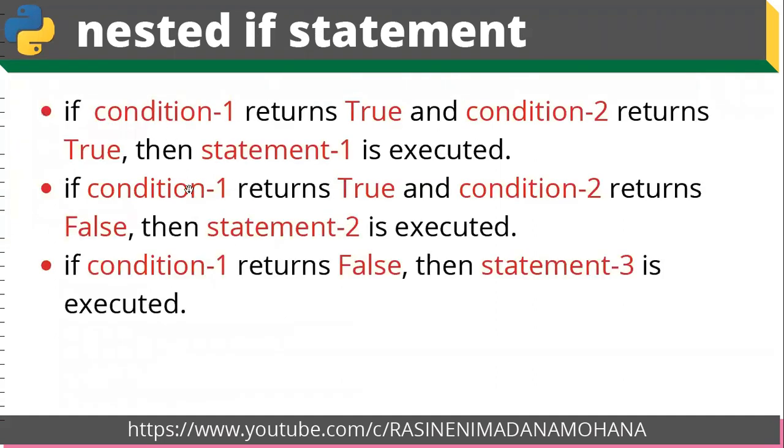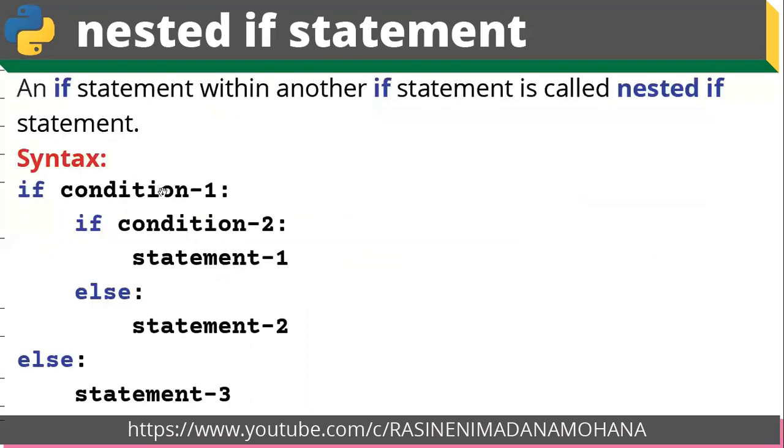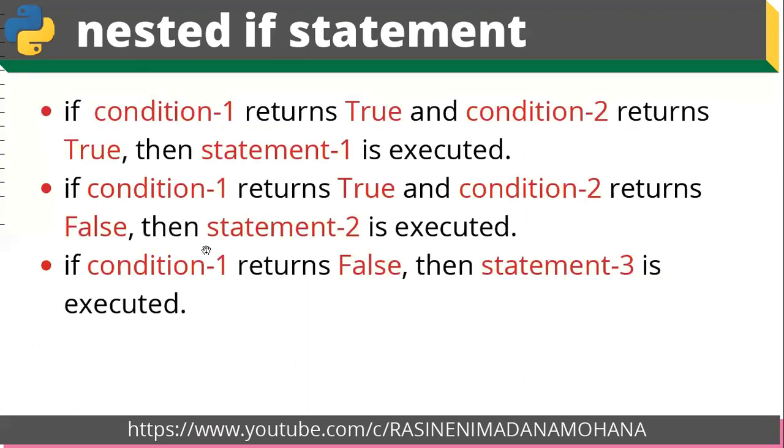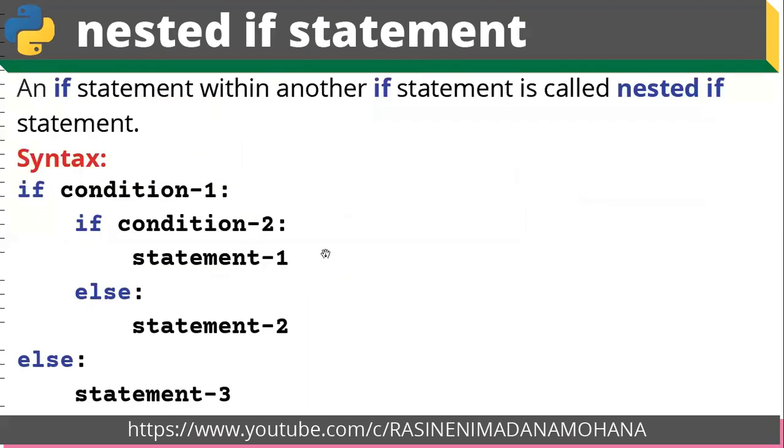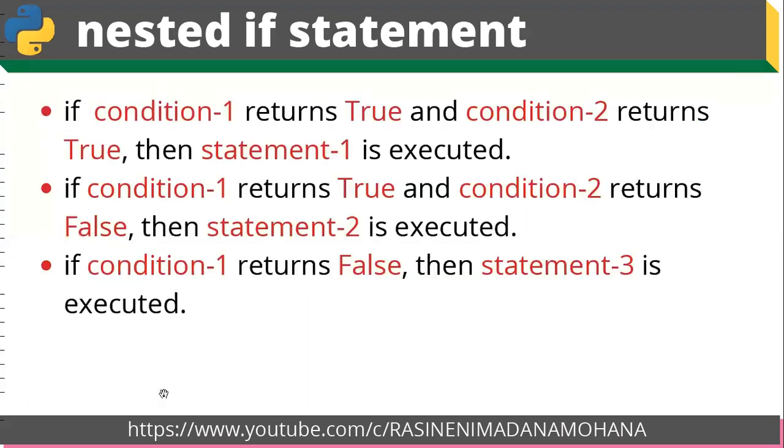If condition 1 returns true and condition 2 returns false, then it comes to the else part of that sub if else, and statement 2 is executed. If condition 1 returns false, the first one itself is false, directly it comes to the main else block, and statement 3 is executed.